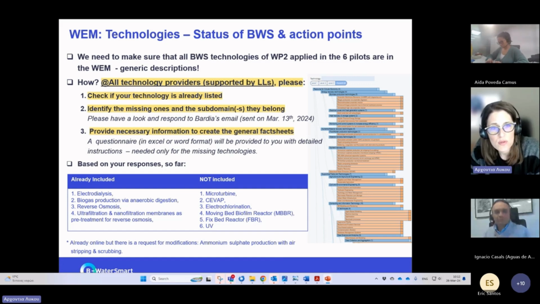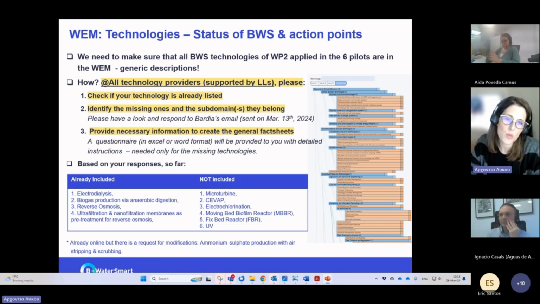We would like the support of all technology providers, possibly supported by the Living Labs, to check if your technology is already listed in the marketplace. Here is an example. In orange are the technologies that are listed. We need to identify any missing ones, and if there are any, to identify also the position within this overview tree to understand in which category or subcategory each technology belongs.